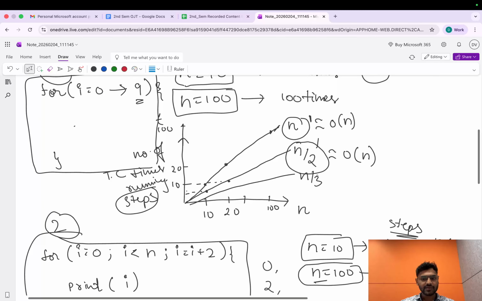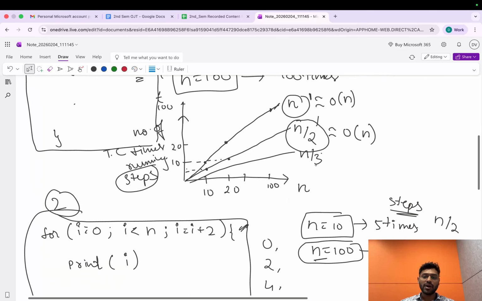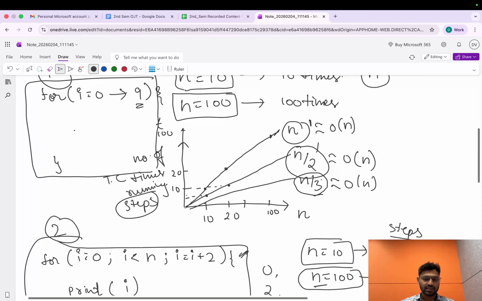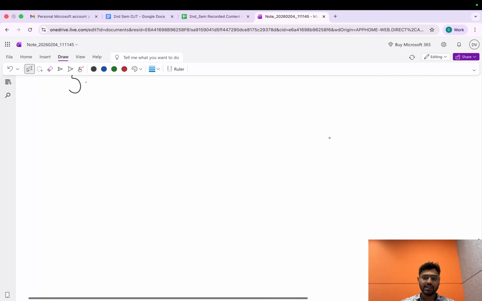See, I am not telling you it is greater than the second case where we are running n by 2, or greater than the first case, but I am telling we are not worried about the exact number of steps. It's still a straight line, and we are going to represent it with big O of n. So it doesn't matter whether it is n divided by 2, n divided by 3, n divided by 100, n plus 1 divided by 2, anything.